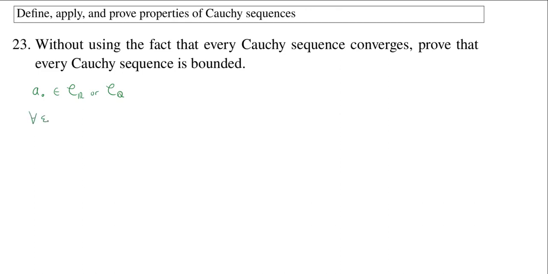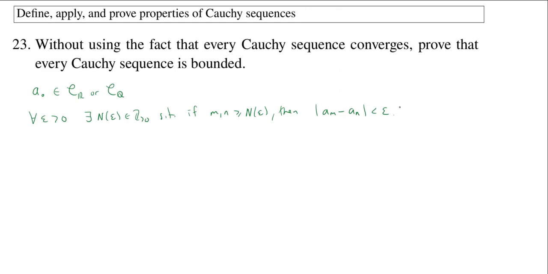This means for all epsilon greater than 0, there exists an n of epsilon, which is also greater than 0, so this is some positive integer, such that if I go out past this number, so if I have m and n both greater than or equal to this n of epsilon, then the m term and the n term of the sequence A are within epsilon. Okay, so this is what it means. You go out far enough and the differences between elements get really small.